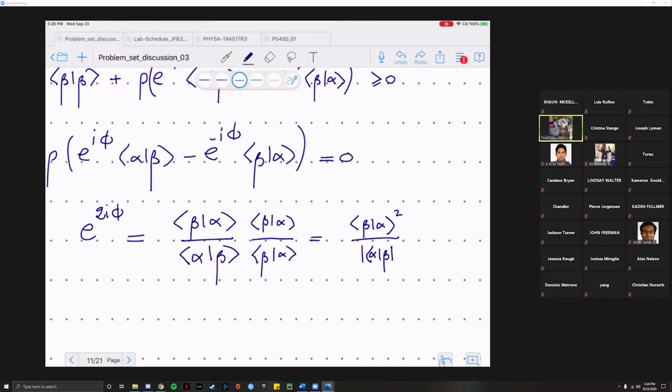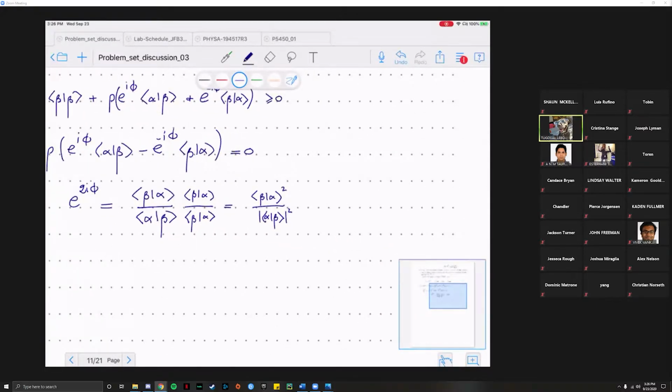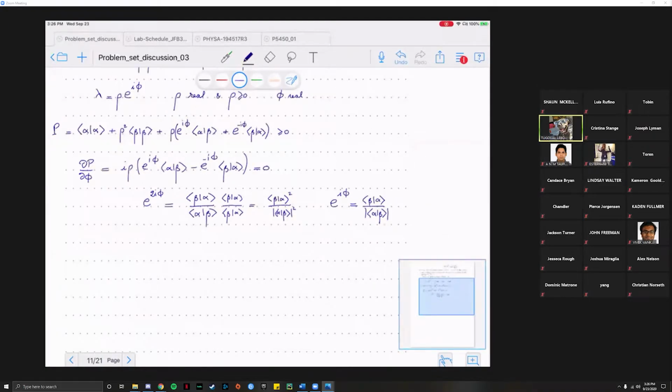And then if I take the square root, that gives me that exponential of i phi is equal to beta alpha divided by magnitude. Okay, so that's phi.